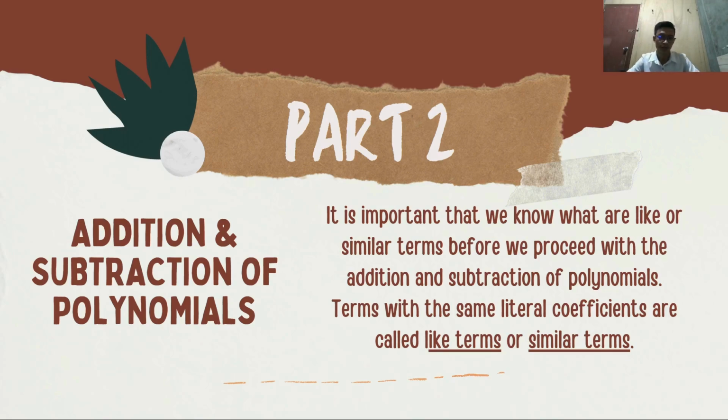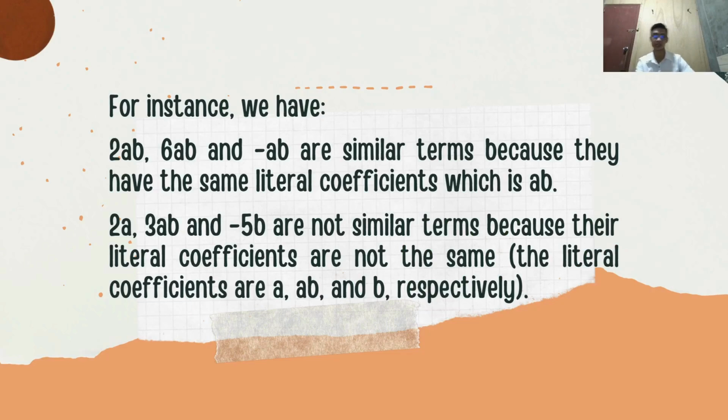Terms with the same literal coefficients are called like terms. Just like what I shared a while ago, 2x plus 5x have the same literal coefficients, and they are called like terms or similar terms.